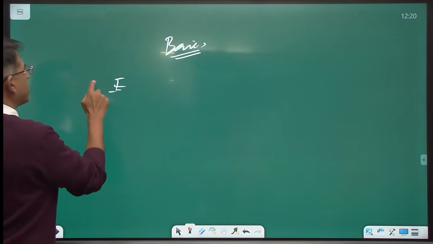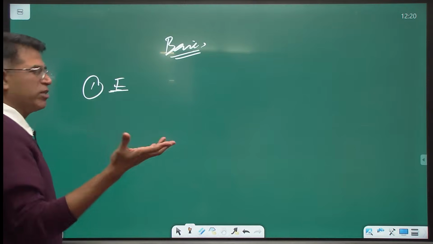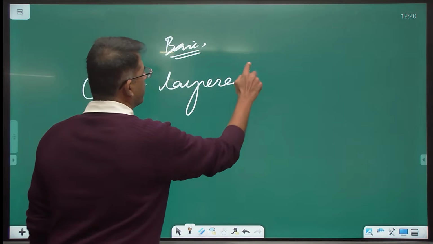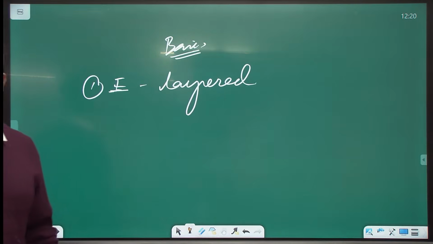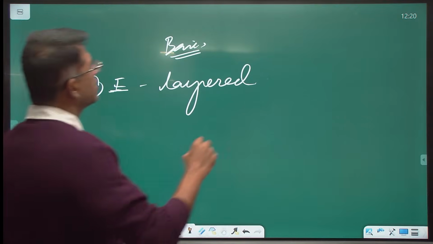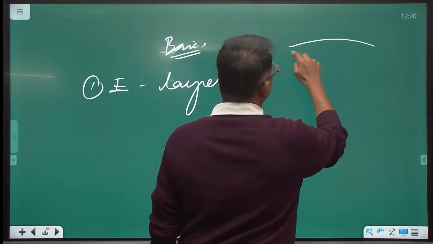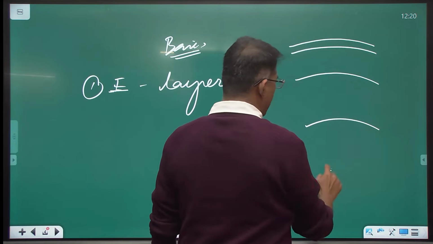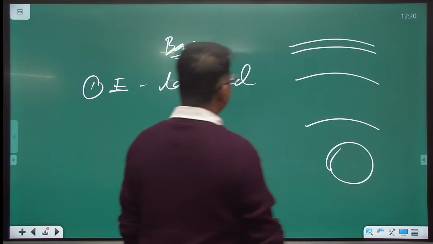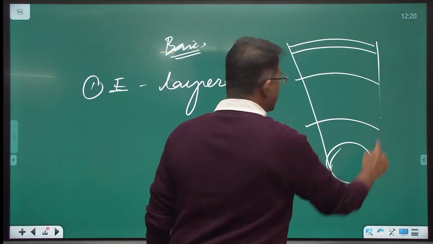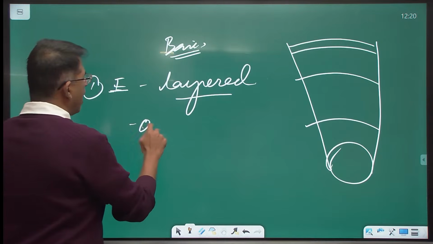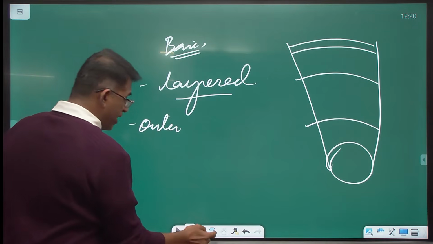The first point is, I think all of us know this. The earth is layered. Okay, earth is not one solid rock. Earth is layered. There is an outer layer of earth, there is the inner layer of earth, there is the deeper layer of earth, they have the core of the earth. So earth is layered, और layers क्या हैं?